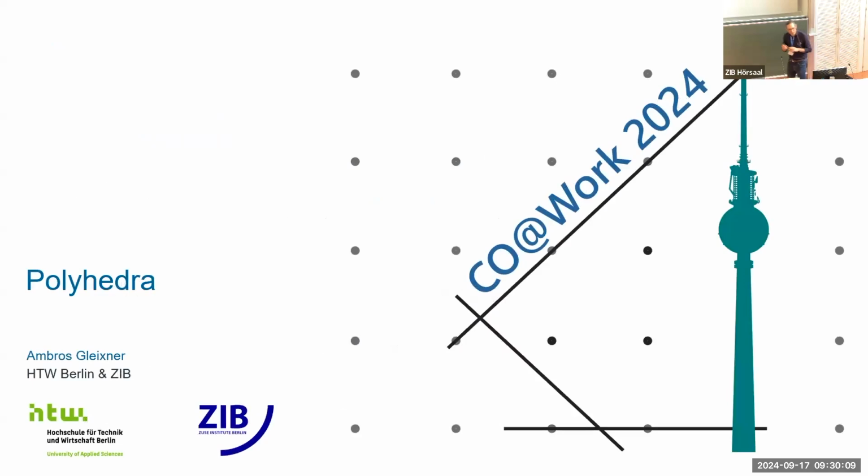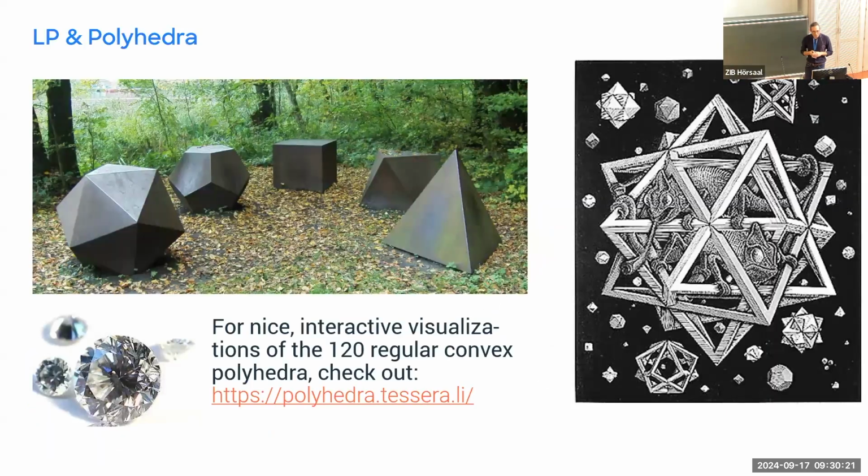But you've had a lot of history yesterday, so let's get into a bit of mathematics. First of all, let's ask the question: what is actually the set that is described by the feasible solutions of a linear program? That brings us to polyhedra. The nice thing about polyhedra is you can look at all these nice pictures here in 3D, also sometimes appearing in art.